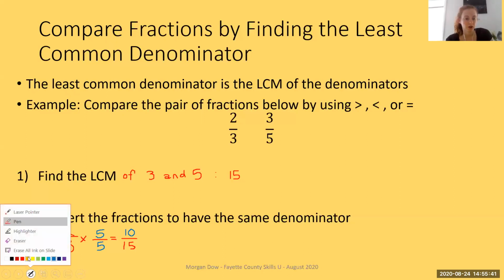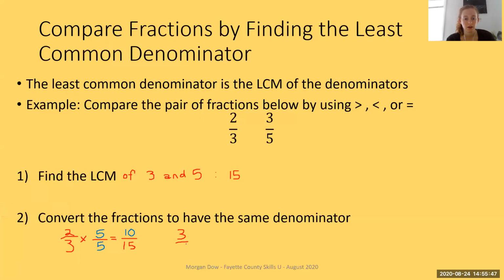Do the same thing with your other fraction. 3/5, 3 out of 5. We're going to raise it to have a denominator of 15. So what do we multiply by? We multiply by whatever we need to in order to get 15 at the bottom. So in this case, we need to do 5 times 3.